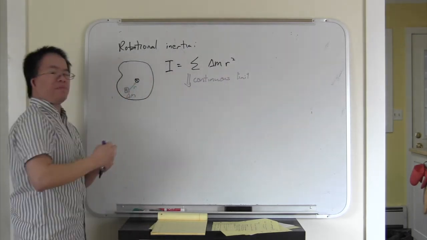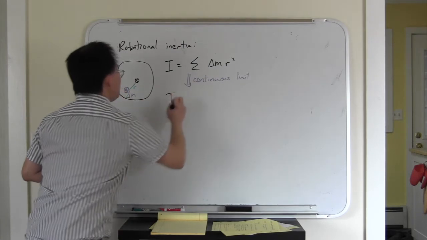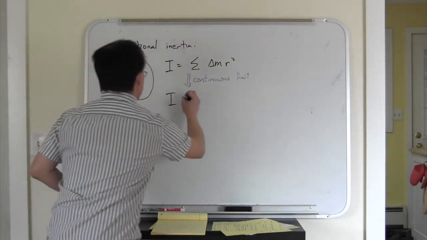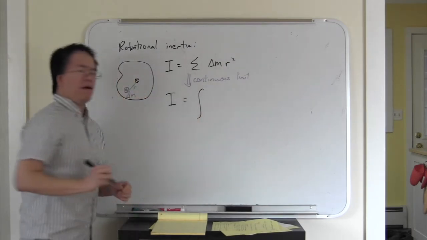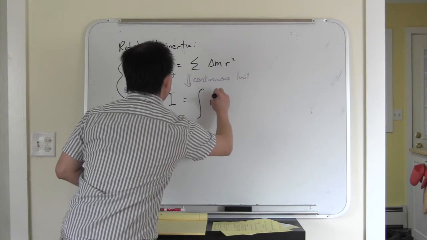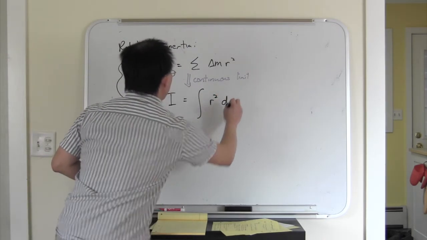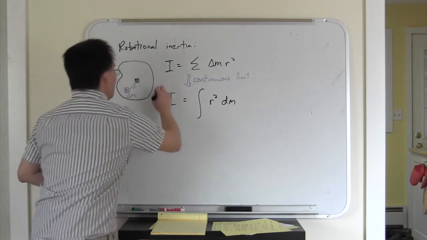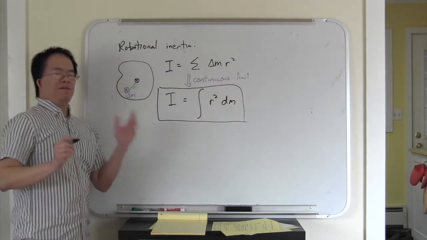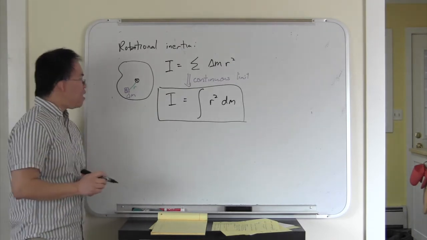And it should be no surprise that this means that my discrete summation turns into an integral. I'll write it in a way that's more suggestive: the integral specifically of r squared dm. I'll write the differential last to make that closer to calculus notation.